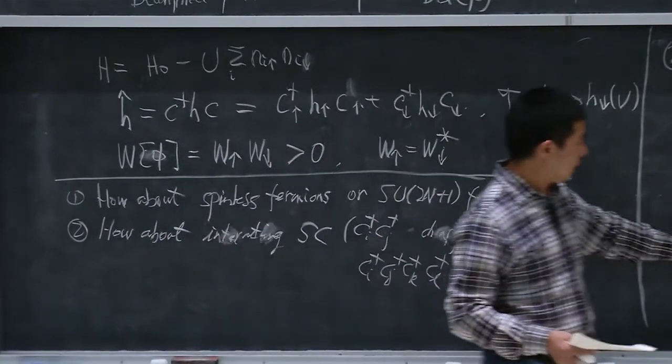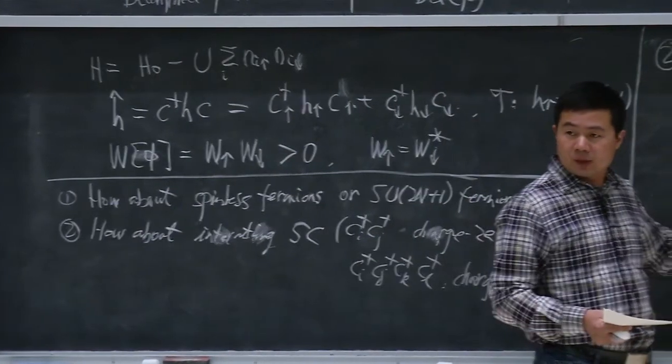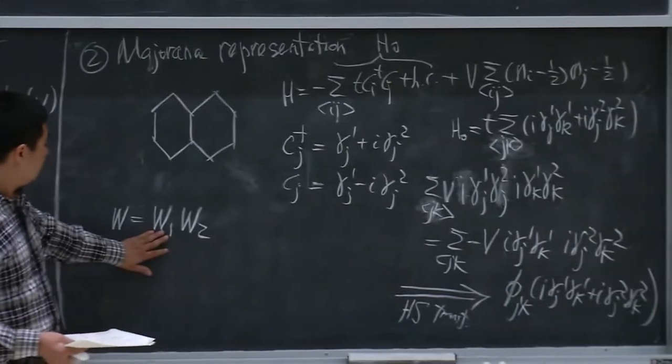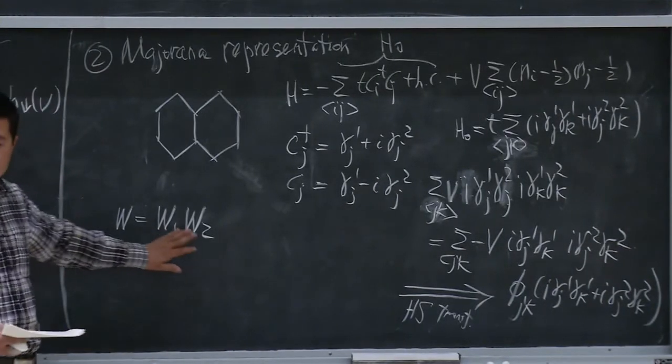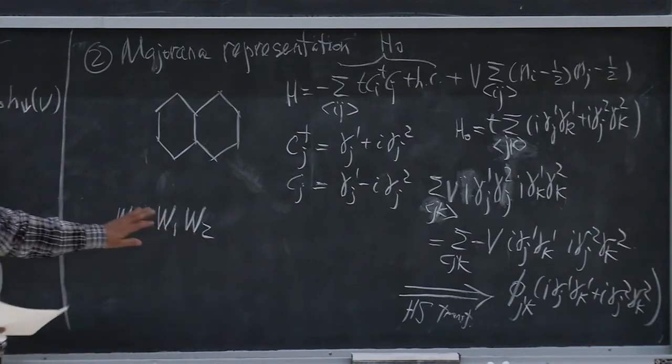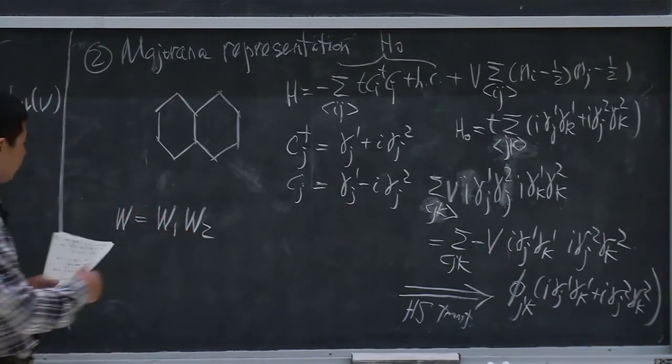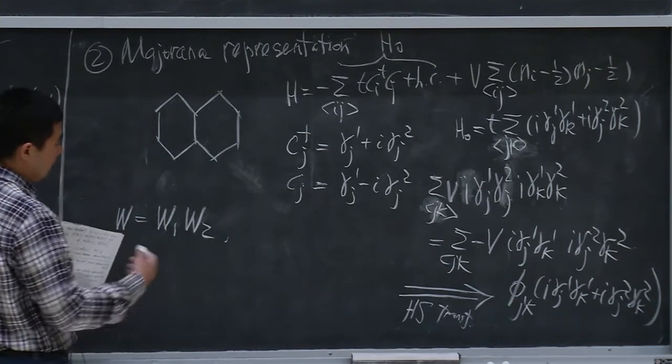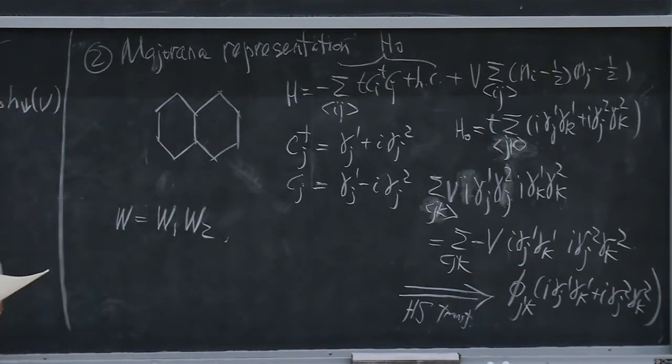Here it is W1 times W2. Okay, and we don't know the sign of W1 and W2. But if we find some relation between W1 and W2, then we can say that it's sign problem free on some condition.